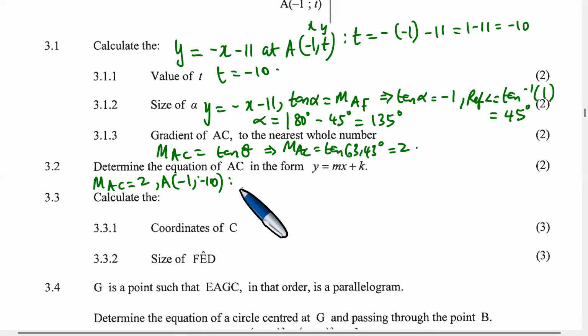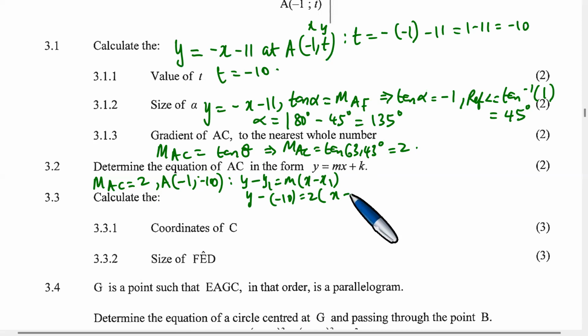And what is this? This is y minus y1 equals m into x minus x1. So which means you have y minus, what is y1? It's -10 into the m is 2, x minus x1 is -1. So which means that you have the following. This implies that y is equal to, if you look at this, x, negative by negative is plus, 2 by x is 2x plus 2.